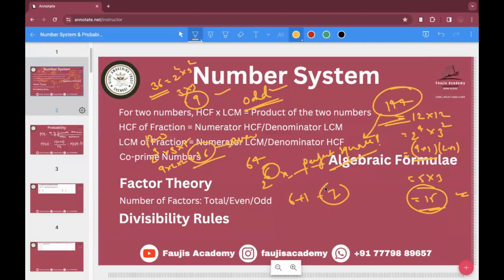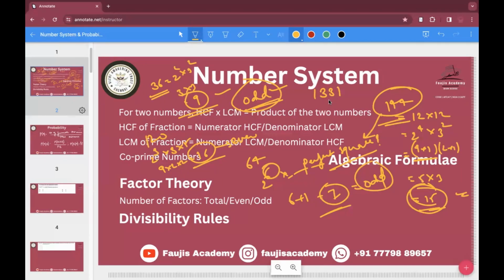It's 7, which is odd. Is it, guys? Yes, sir. So in higher levels of mathematics, these things will come into the picture. So the number of factors of a square number is always odd.